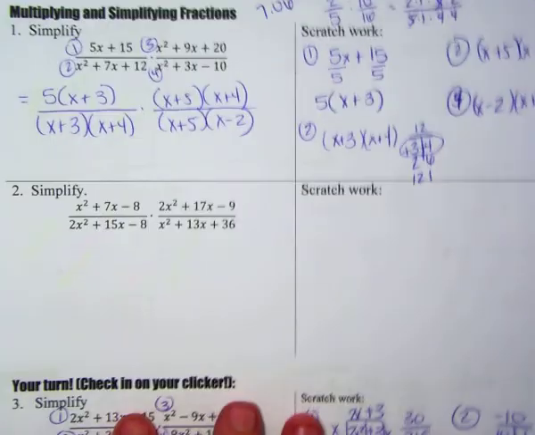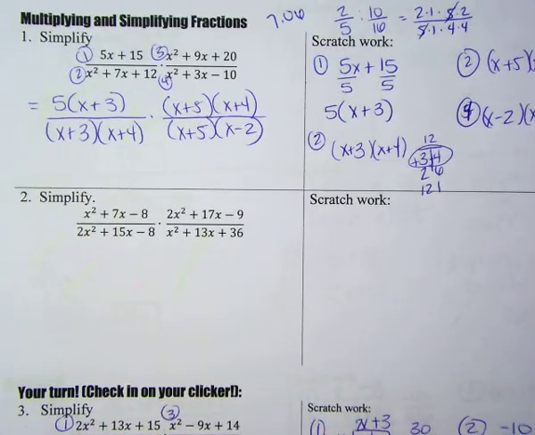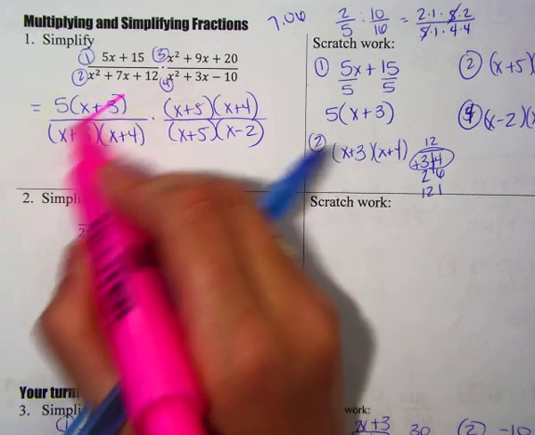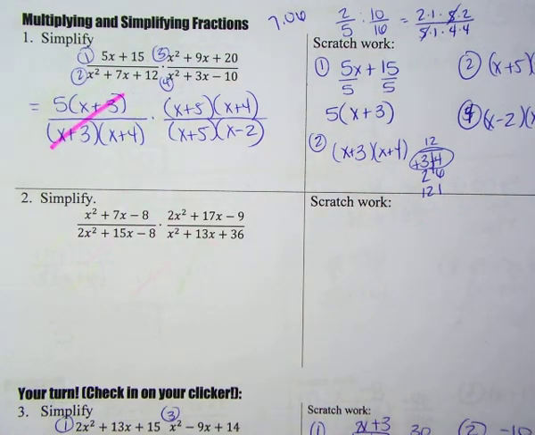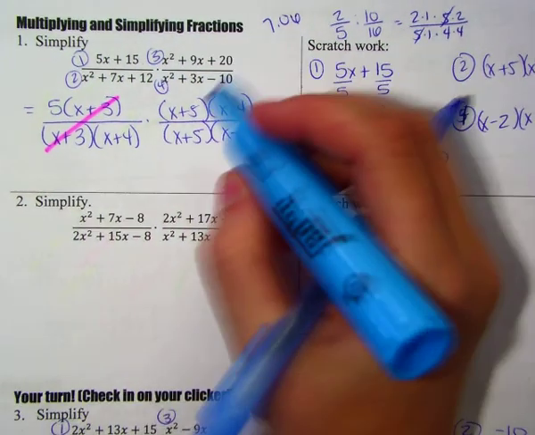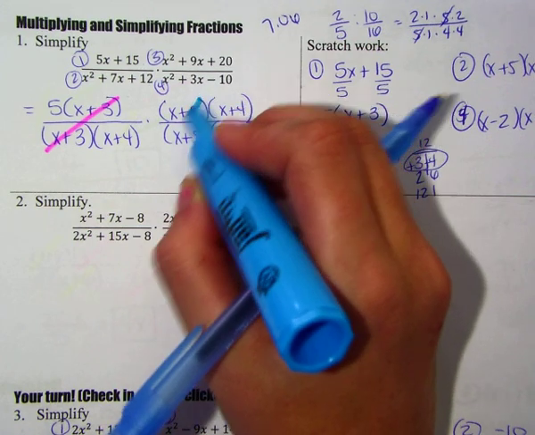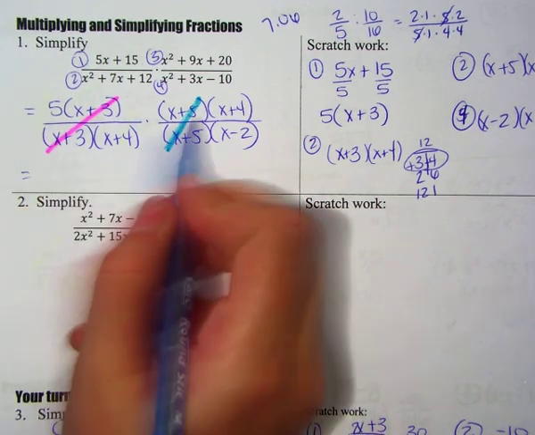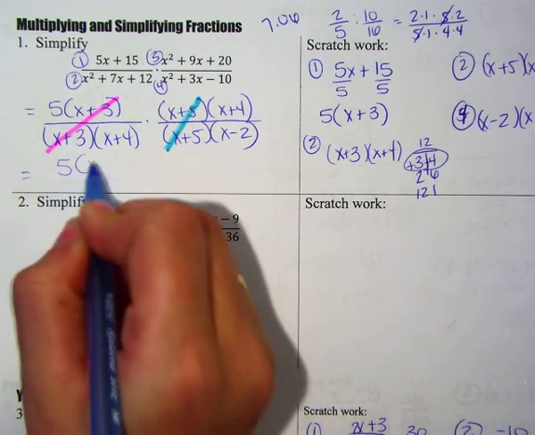Now that I've factored everything, I'm going to reduce anything divided by itself. For example, x plus 3 divided by x plus 3 reduces to 1. x plus 5 divided by x plus 5 also reduces to 1. If I wanted to, I can rewrite what's left by multiplying straight across.